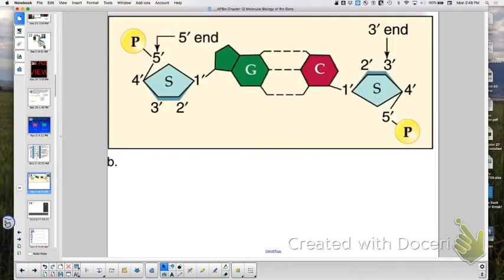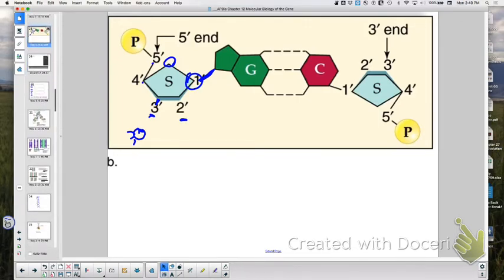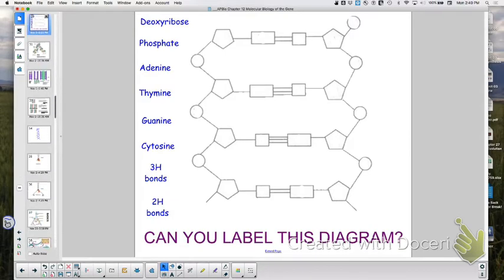So when we look at something like this, remembering our numbering, carbon number 1 is always attached to the nitrogenous base. We cannot go on the roof because who's on the roof? Oxygen on the roof. So we can't keep counting, so we go down. So here's 2, here's 3. If we have an eyeball right here, we're looking at the 3' end, 4, and the chimney makes 5. Okay? So when you go into DNA and remember how you could label all of that?